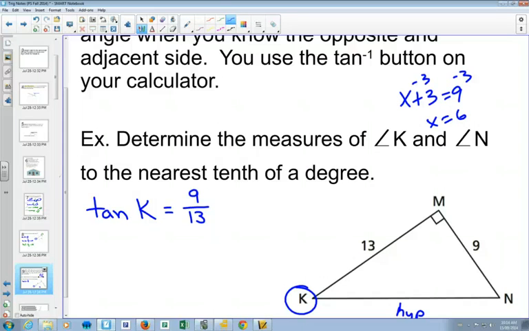If I would do tan inverse on both sides, what it would do is it would cancel out this tan. And we would be left with just angle K on this side. And on the other side, we would have tan inverse of 9 over 13.